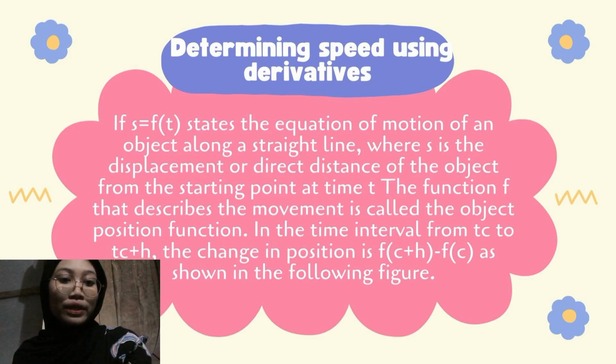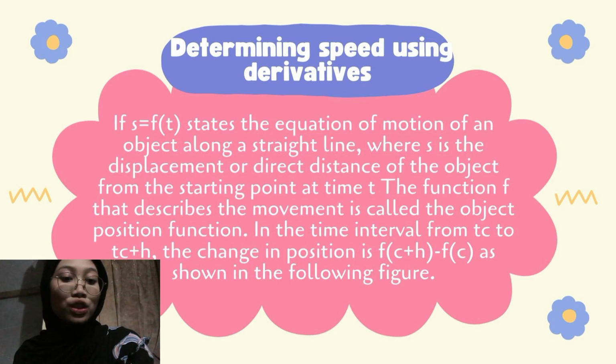Determining speed using derivative. If s equals f(t) states the equation of motion of an object along a straight line, where s is the displacement or directed distance of the object from the starting point at time t.